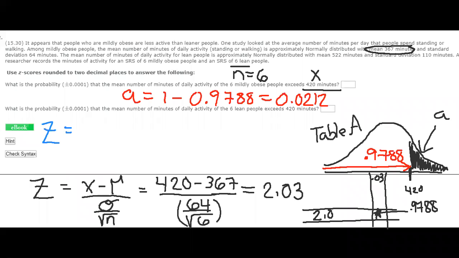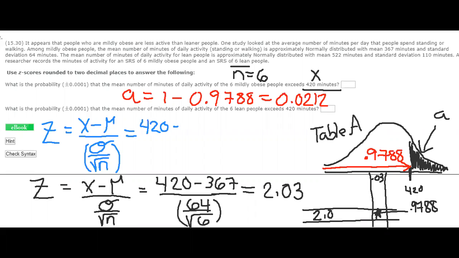So here Z is going to equal X minus mu over sigma divided by root n, which equals, here X is still 420, but now we're looking at a mean of 522 and a standard deviation of 110.